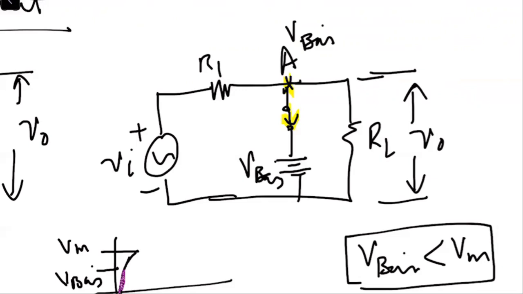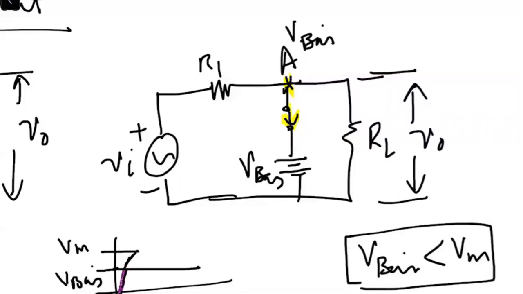So once the V bias is in the circuit, when the input voltage rises above V bias, right? If the input voltage rises above V bias, the output will be held at V bias, because now the V bias, which is in parallel to RL, is now playing its role.